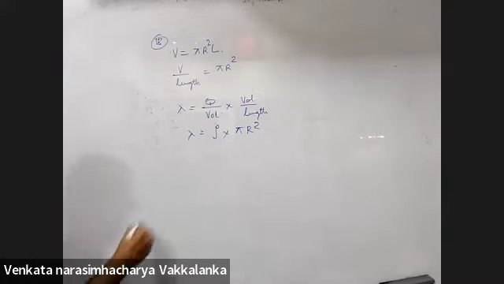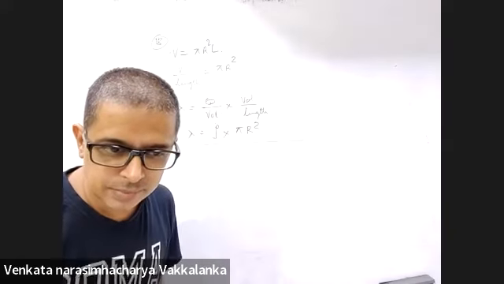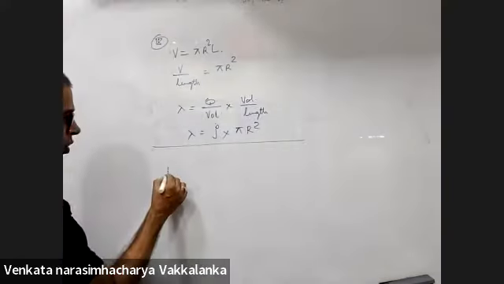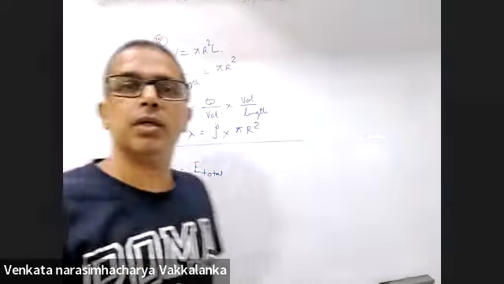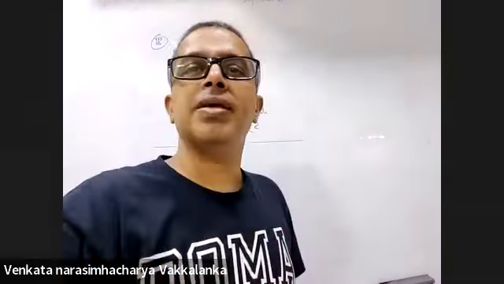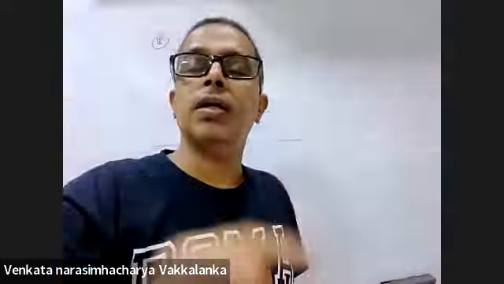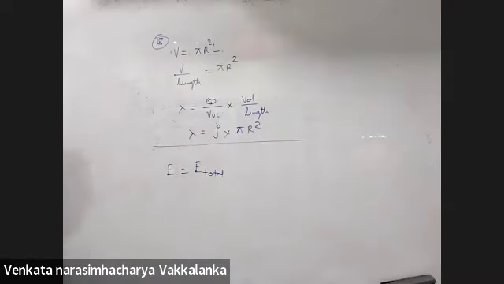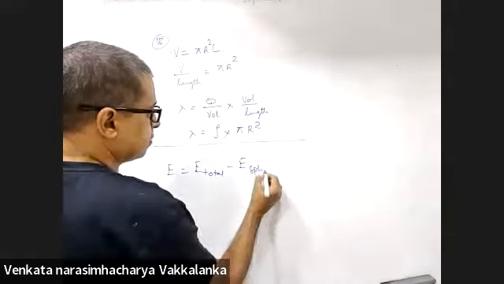Why do you need this lambda? So now we'll do it. 2k lambda by r. Now you know the field is the field due to the total minus the field due to the cutout part, the sphere.